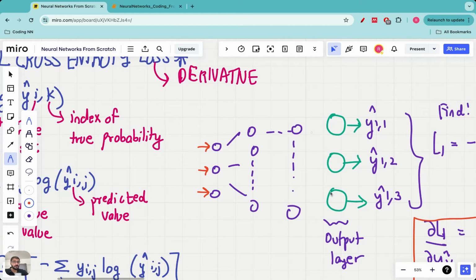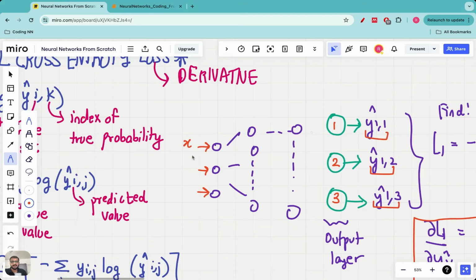They go through a softmax activation function, and then the output from the softmax is denoted by y hat 1 1, y hat 1 2, and y hat 1 3. The second index 1, 2, and 3 describes the position of the neuron. So this is the first neuron, second neuron, and third neuron. And the first index, which is 1 in all these cases, represents the batch of the input data.